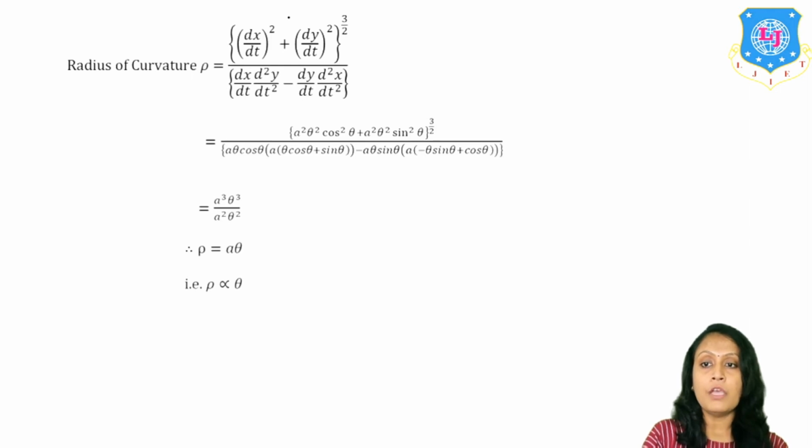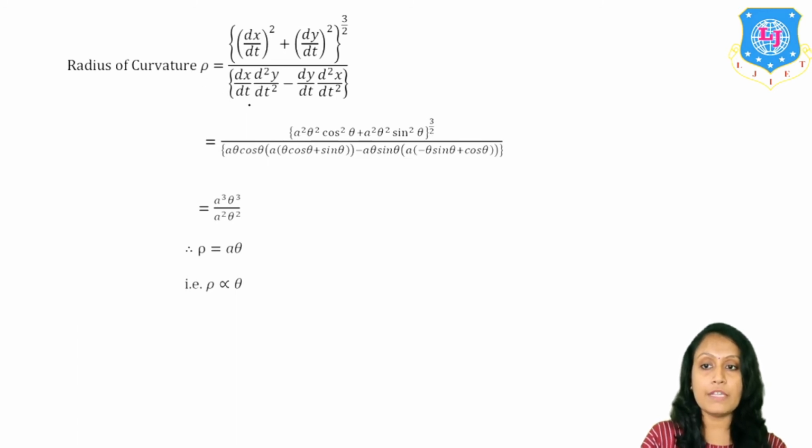But now here we have the derivatives in the form of theta, so accordingly we'll substitute. So here dx by d theta whole square, you will get a square theta square cos square theta, plus dy by d theta whole square, that is a square theta square sin square theta, and this whole raised to 3 by 2 as it is.